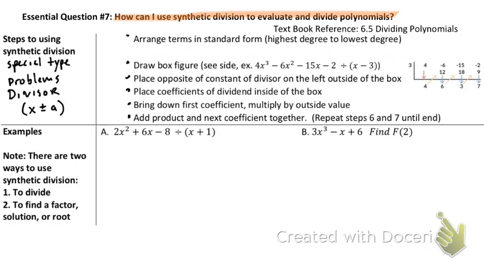We're going to do example A, and synthetic division is just a faster way of dividing. Okay? So let's go through these steps here. Just like when we did long division, we want to arrange our terms in standard form, highest degree to lowest.